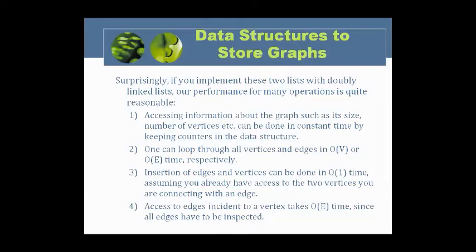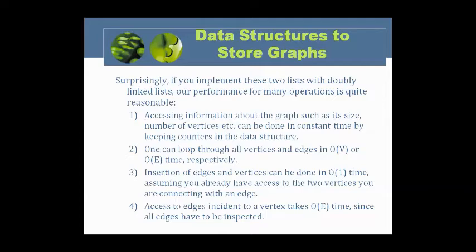Surprisingly, if you implement these two lists with doubly linked lists, our performance on many operations is quite reasonable. First, accessing information about the graph, such as size or the number of vertices, can be done in constant time by keeping counters in the data structure. Second, one can look through all vertices and edges in O(V) or O(E) time respectively.